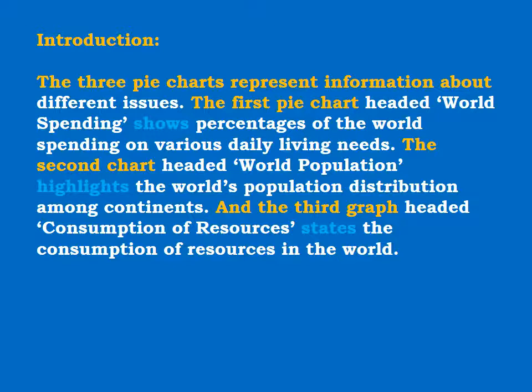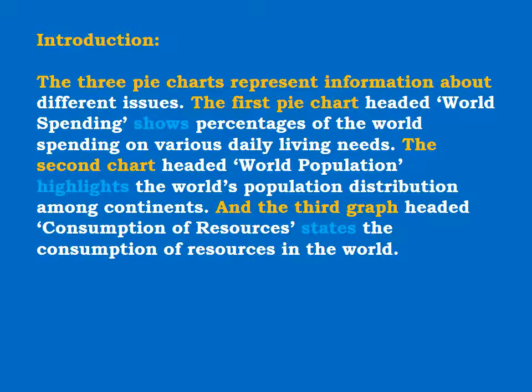So we have to give the information about that pie chart. The first pie chart, headed world spending, shows percentages of the world spending on various daily living needs. You remember we talked about transportation, food, housing and clothing. These are some of the daily living needs.